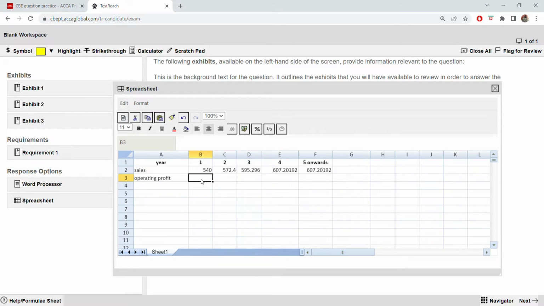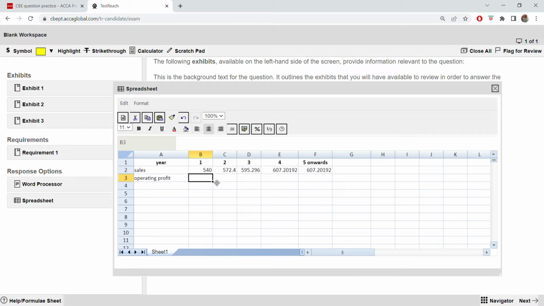What is the operating profit? How much will be the operating profit? Operating profit is 10% for the first 2 years. Okay, 10% of the first 2 years means 10% of what? 10% of the sales.